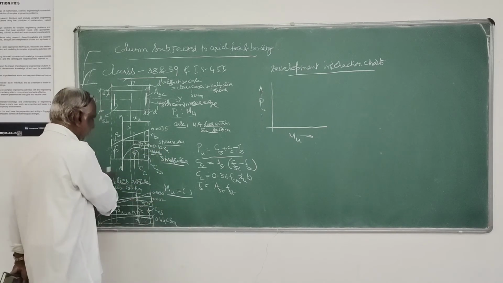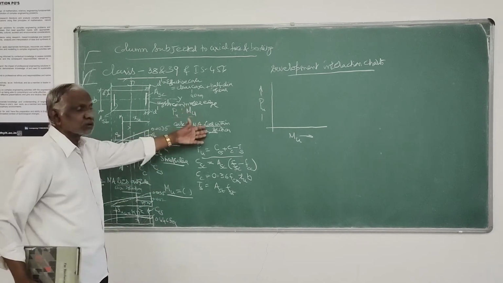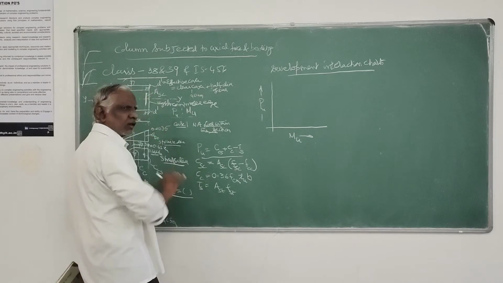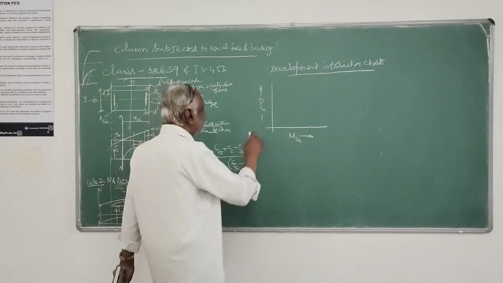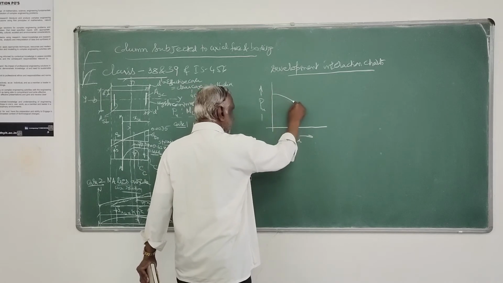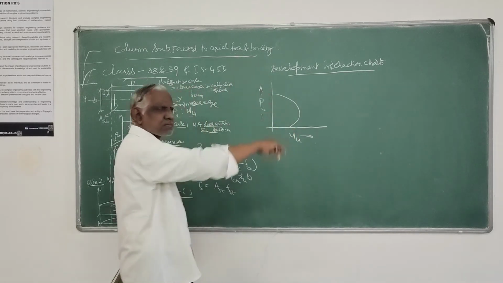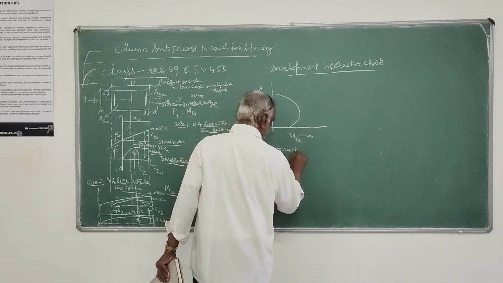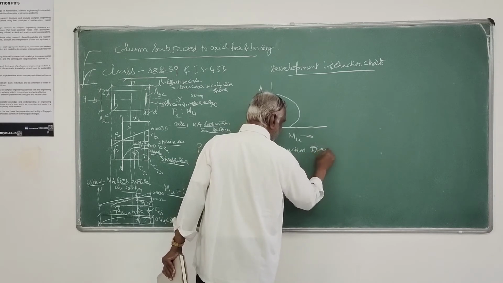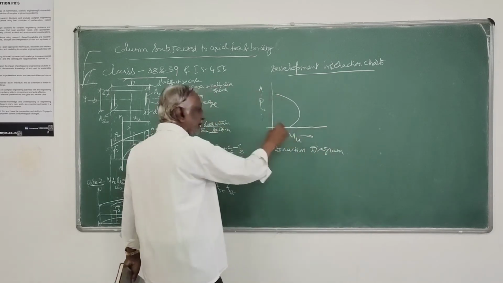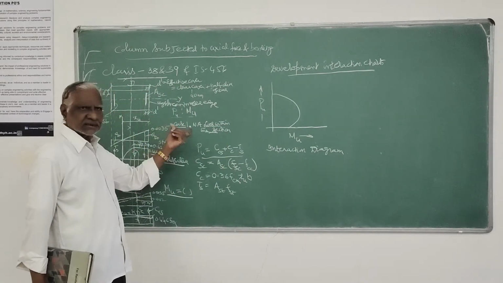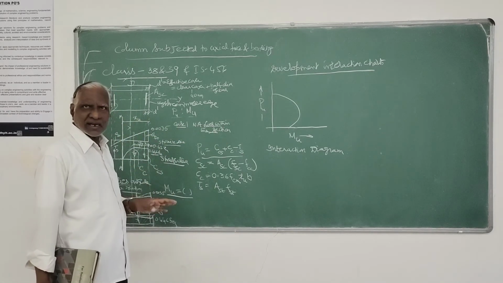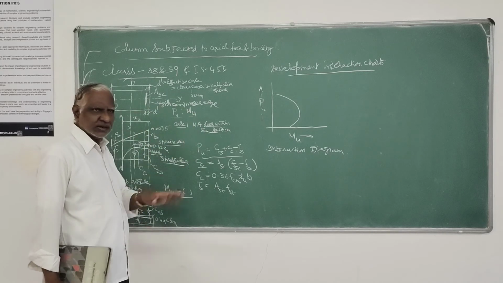You can assume even within the section or away from the section, use this formula and plot that PU and MU for that particular given section. For that section, you will get a diagram somewhat in this fashion. This particular diagram we call the interaction diagram, which gives you the variation of PU and MU for a given section, given steel, for various positions of the neutral axis. So this you have to develop.